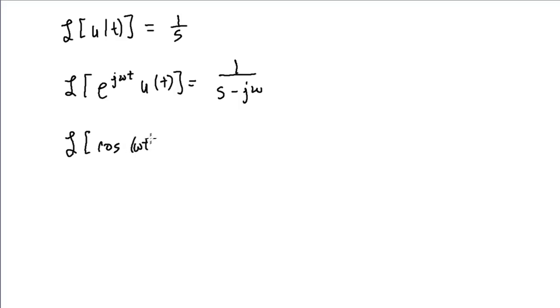Find the Laplace transform of cosine omega t by applying Euler's formula and writing cosine omega t as 1/2 (e to the j omega t plus e to the minus j omega t).